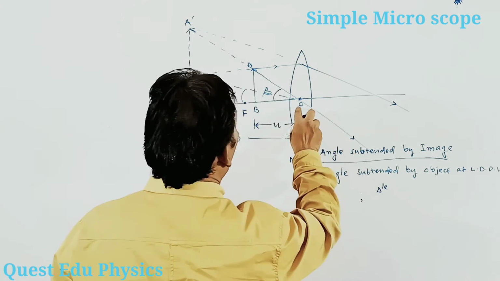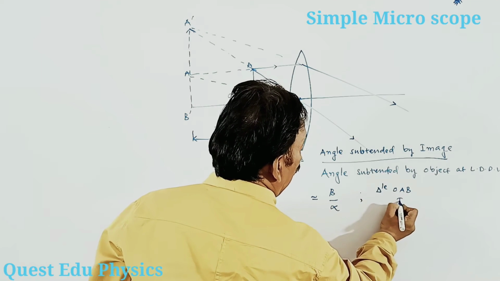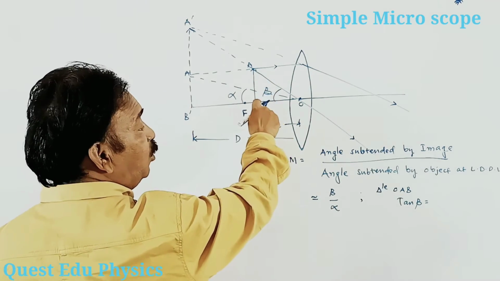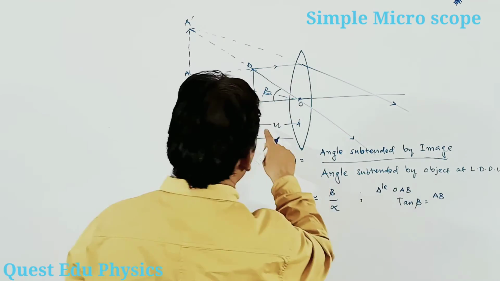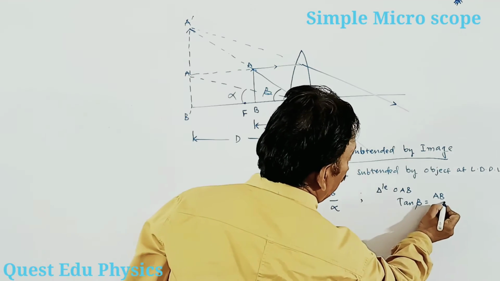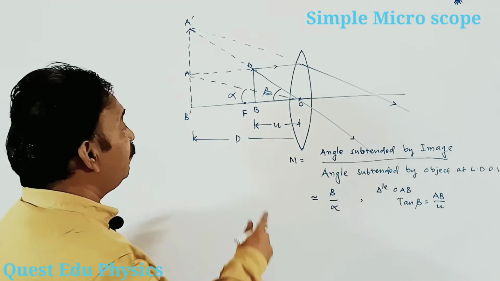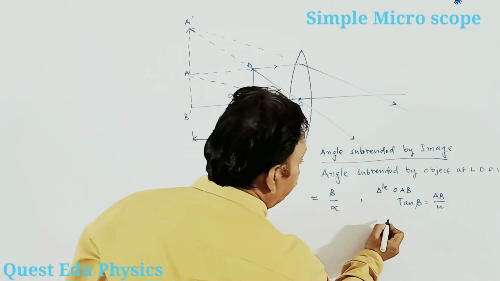I am taking the triangle. From triangle OAB, tan beta is equal to, opposite is AB by U, students. I am not putting any sign convention here. Similarly, we have to go with the tan alpha, OAB dash.